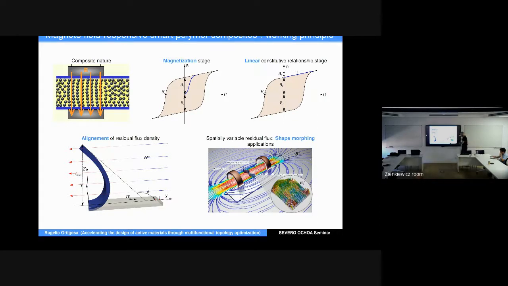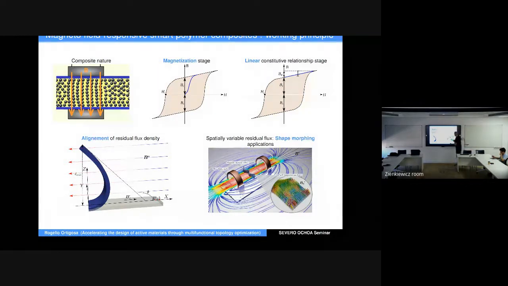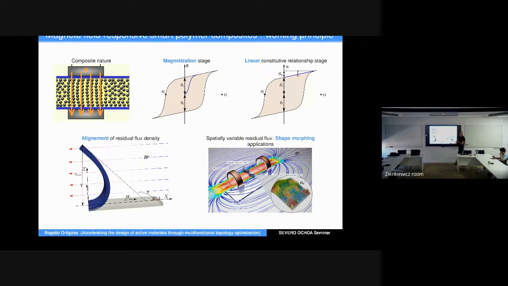All right, and then the way we are going to actuate the material is in 2 stages. In the first stage, we are going to apply a magnetic field within these coils, okay? And we are going to saturate the material. There is going to be a remnant magnetic induction. If you are not familiar with the field of magnetics, you can think of it like a plastic deformation, all right?